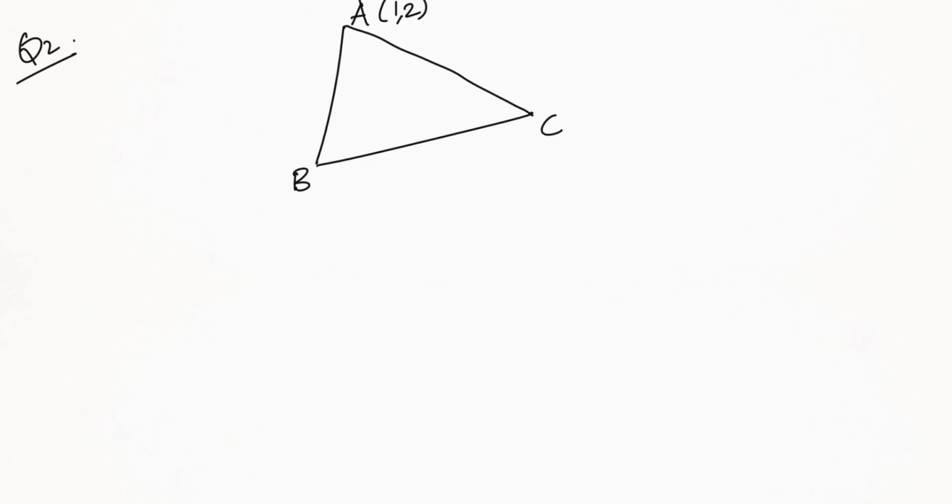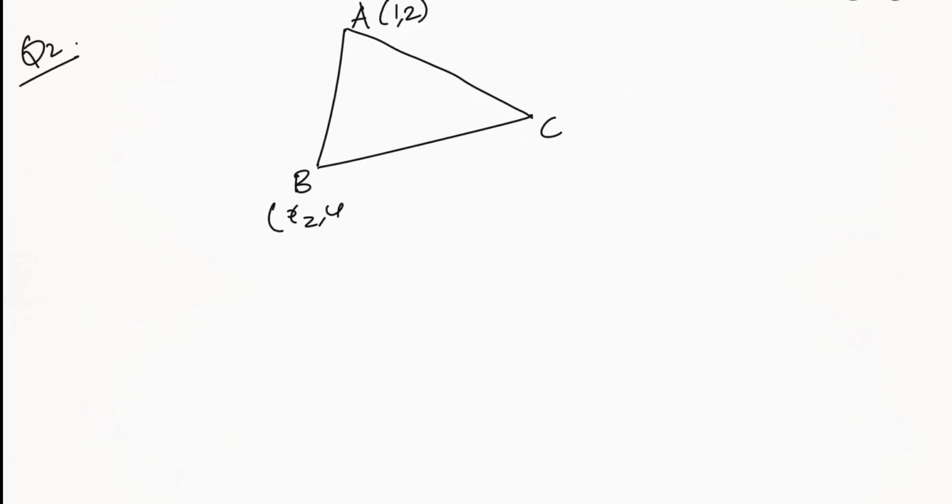B and C we don't know, so let's write x2, y2, x3, y3. Oh, the centroid is not given. We have to find the centroid. The midpoints of two sides are given. Those are -1, 1 and 2, 3. We have to find these points.